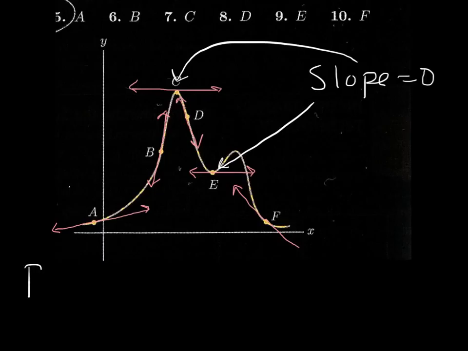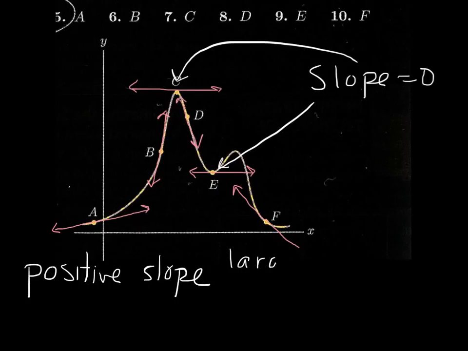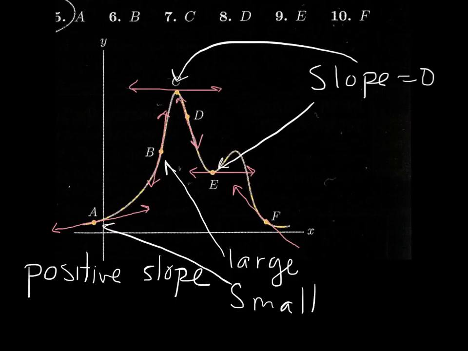So positive slope. And then we have the large one, which is B. And we have the small one, which is A.